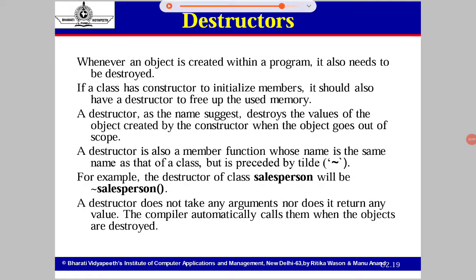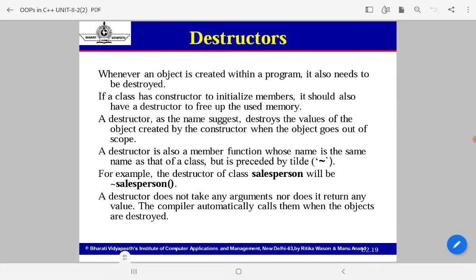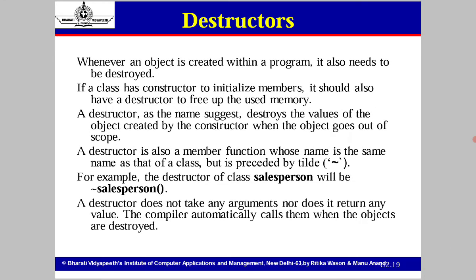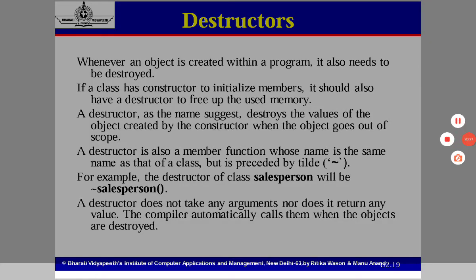So, whenever an object is created within a program, it also needs to be destroyed. Similarly, if a class has a constructor to initialize members, it should also have a destructor to free up the used memory.